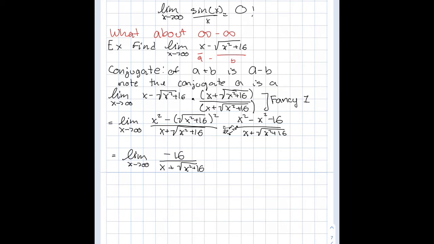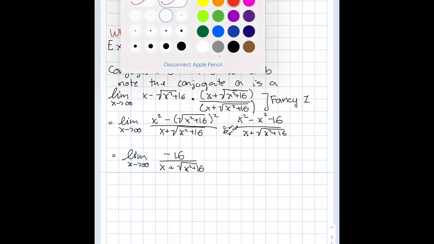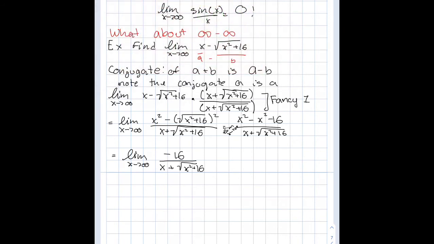Great, so now I have a rational function. I know how to deal with those, but what is the highest power in my denominator? Is it x squared? It's actually x. Note that x is equal to the square root of x squared.